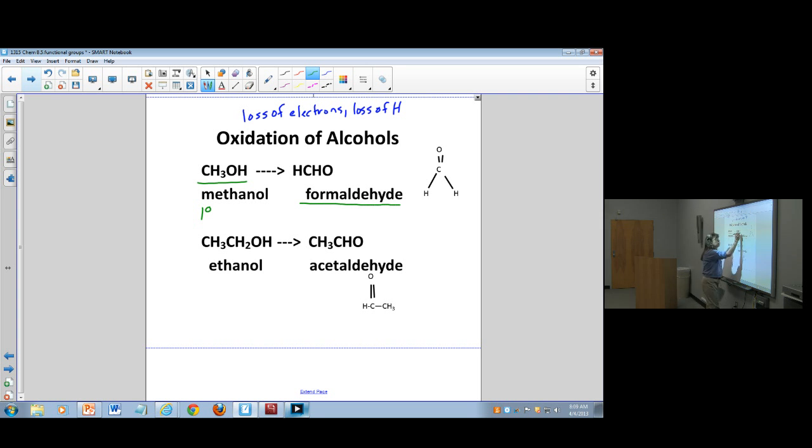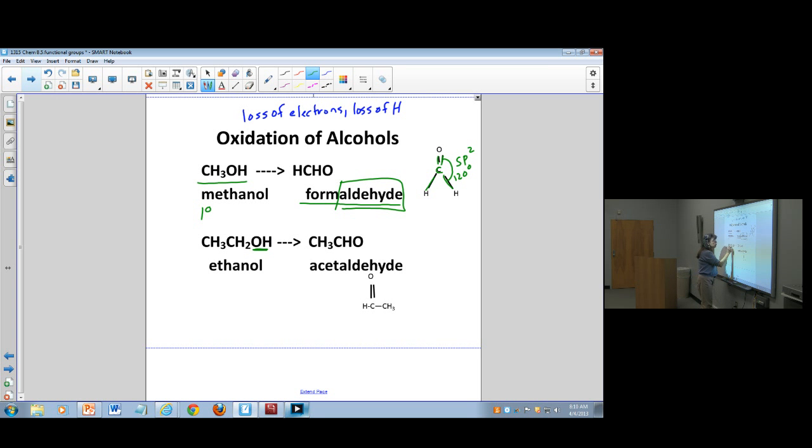This particular one's called formaldehyde, but that's an aldehyde where I have a carbon double bonded to an oxygen, and then the 2 hydrogen atoms to make carbon follow the Lewis dot structure. In this case, this would be an sp2 hybrid orbital, and we'd call this 120 degrees, right? Here's ethanol.